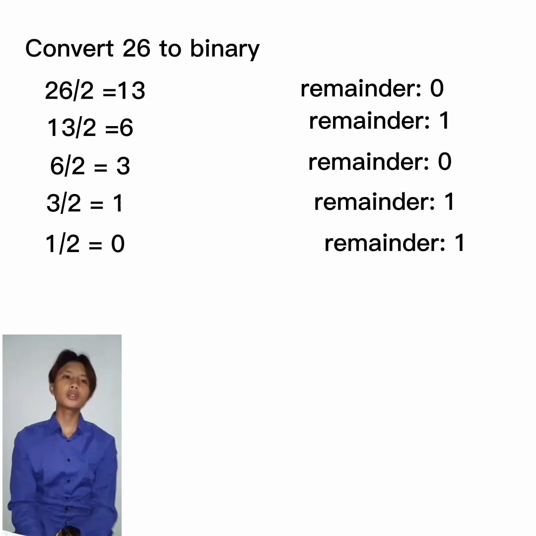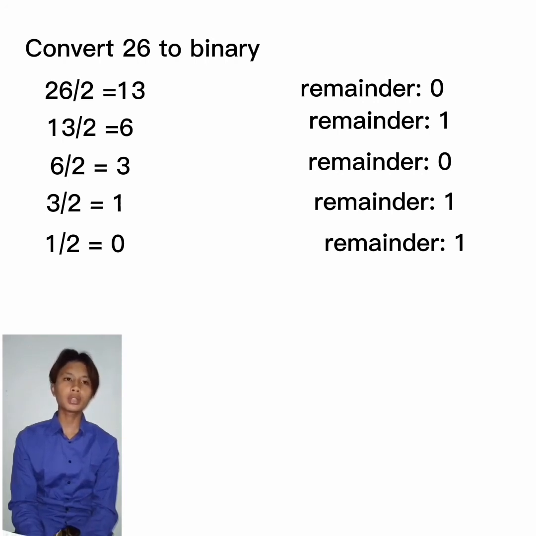Now we're stuck with 1, and once you get down to this point, you know you're reaching the end. Because you're getting to such a small number, 1 divided by 2 obviously doesn't work, and there's nothing we can do, because if we subtract 1 from it, we get 0.